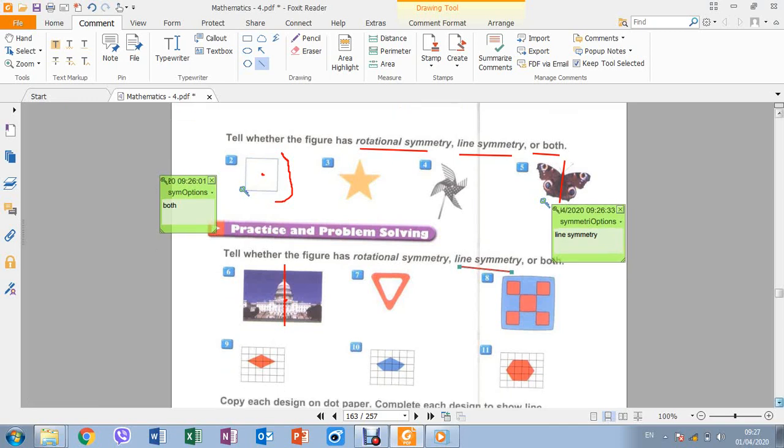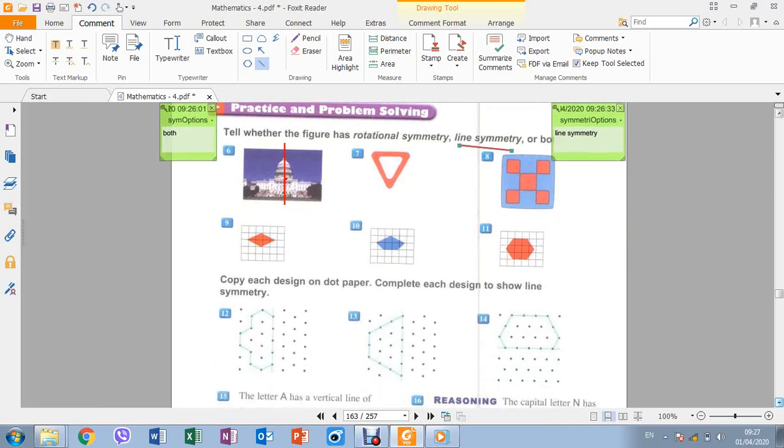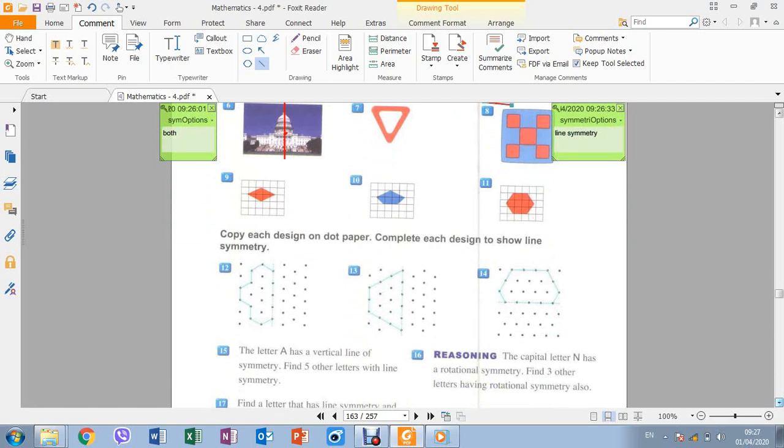Now it goes to this type of question. It tells us, number 12, 13, 14: copy each design on a dot paper, complete each design to show line symmetry. How do we complete it? At first, where's the line of symmetry? In the middle. Look, we have one side, so this is the line of symmetry.